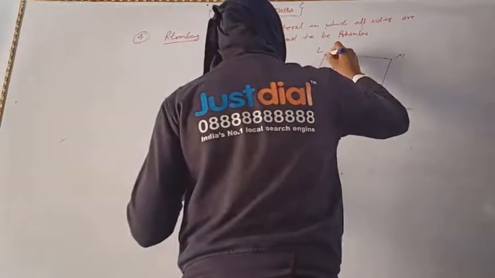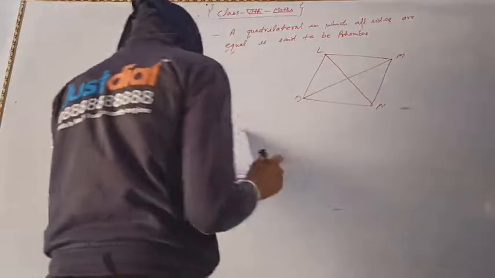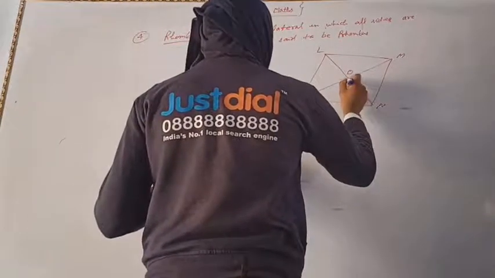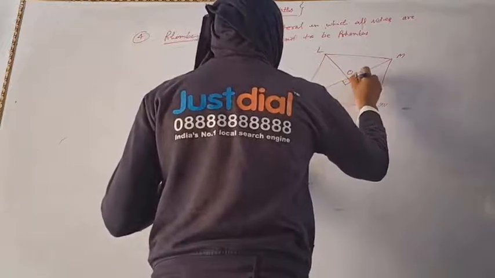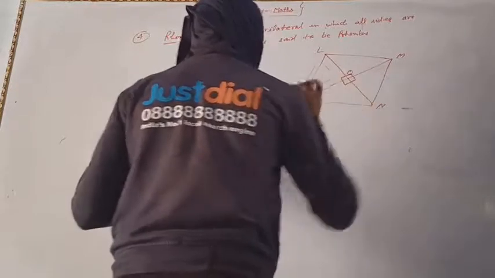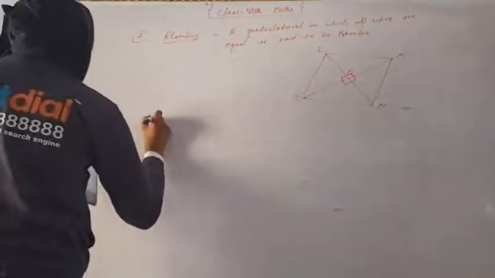And also as given that this intersecting point will be O, and all the angle is equal to 90 degree. Okay, all the angle is equal to 90 degree. So we have to know about properties.